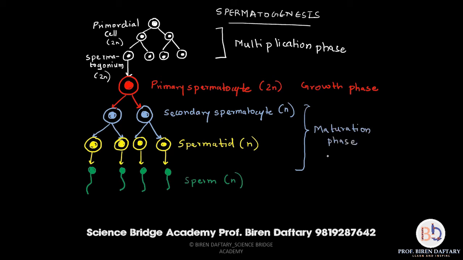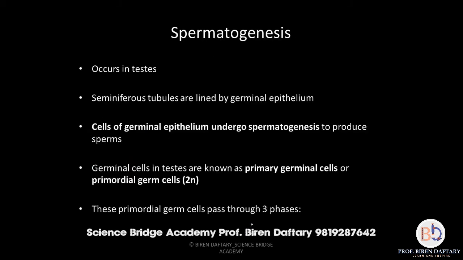So these are the three phases in spermatogenesis: multiplication phase, growth phase, and maturation phase. So hope this topic has become easy for you. We will just revise everything that we have learned through the coming slides. Alright, so please read the information given in the slides.